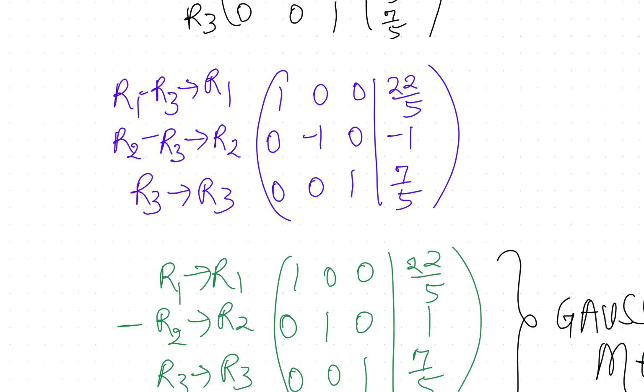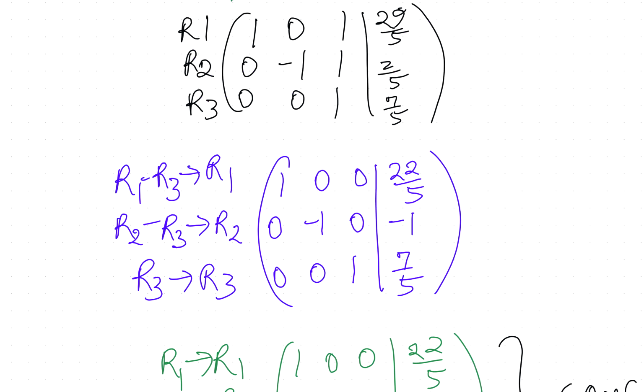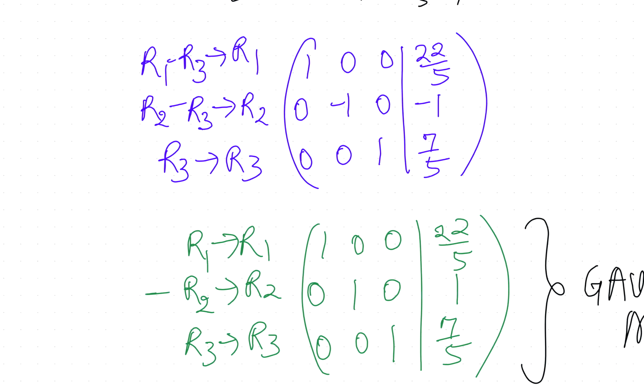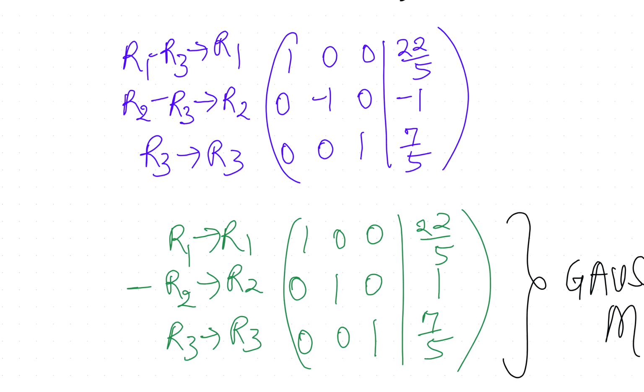So now that we have achieved this, the next thing we want to do is that everything looks almost good except for this minus, because it's a pivot, so every pivot has to be 1. In reduced row echelon form, they have to be 1. So it looks like that's the only thing left to do.